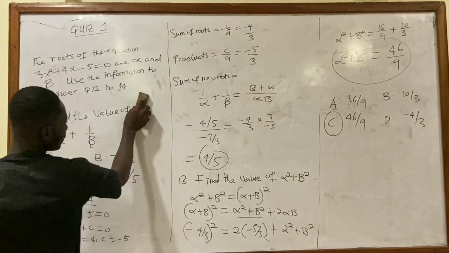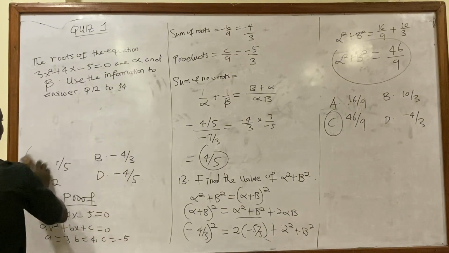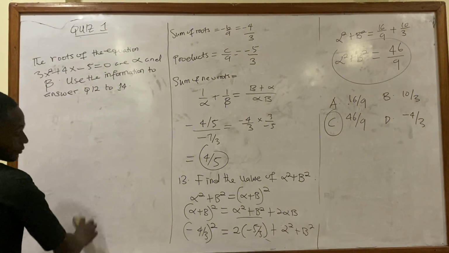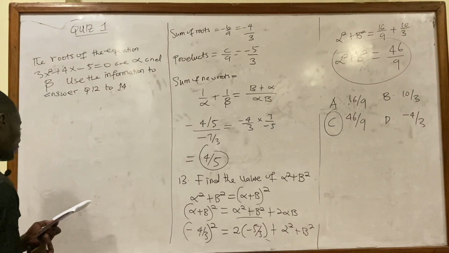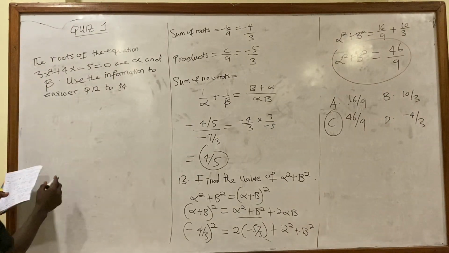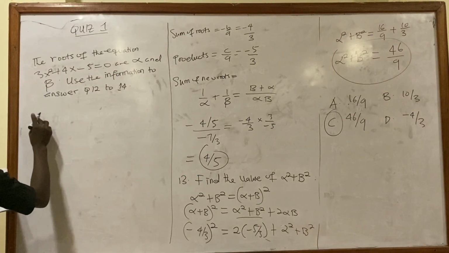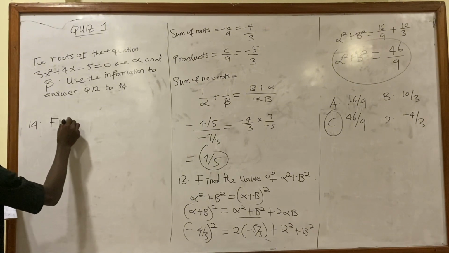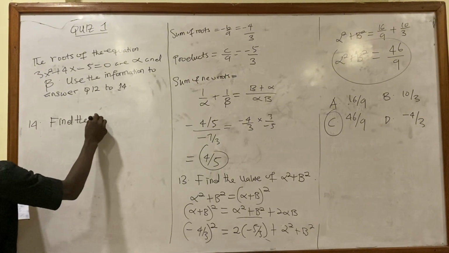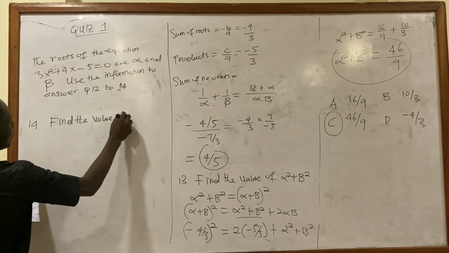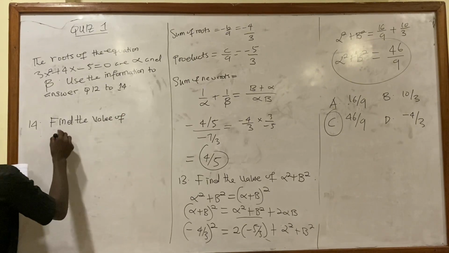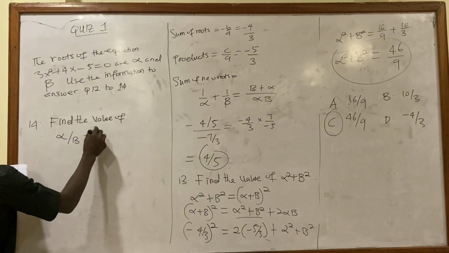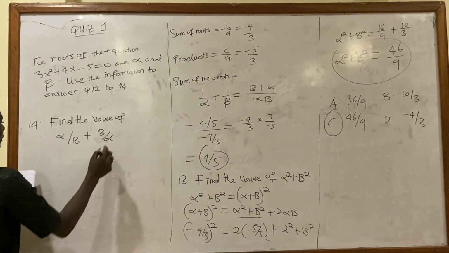Question 14 says we should find the value of alpha over beta plus beta over alpha.